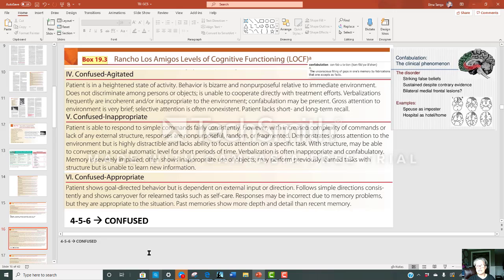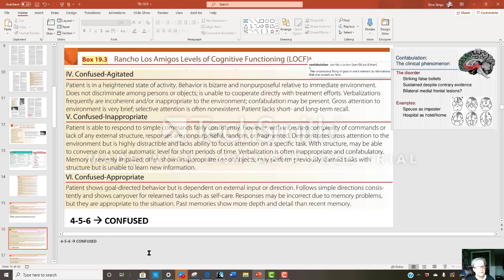These are the patients you want to see in a gym by themselves. If you have a second gym off to the side, this is the patient to take to that standalone gym for just you and that patient, or whoever you need to make sure it's a safe environment, like a PTA or a tech. So that is confused and inappropriate, level 5.